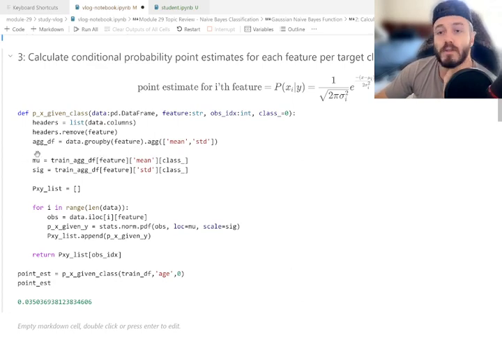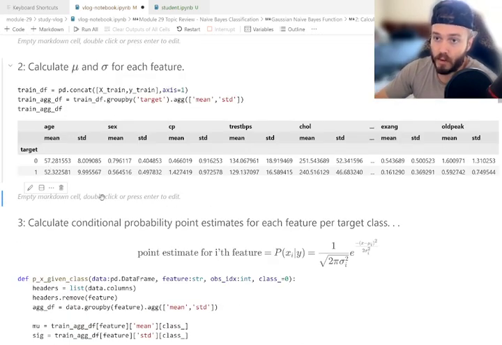So I have this function written here, which is calculating the point estimate given a particular class. You pass in a data frame, the string which is the label or column name of the feature that you're calculating.